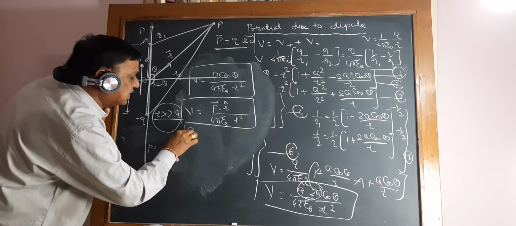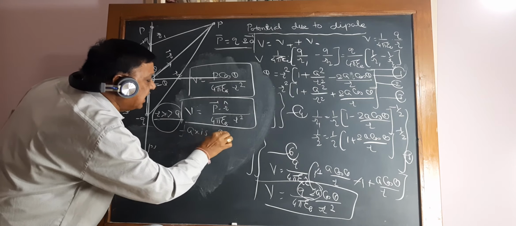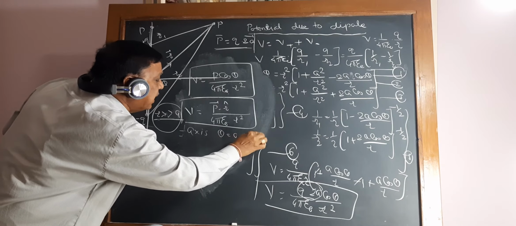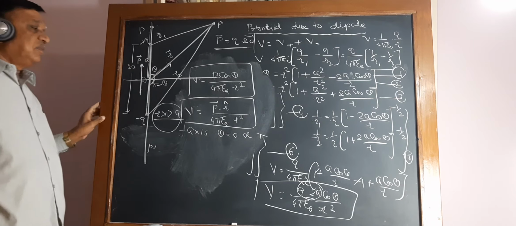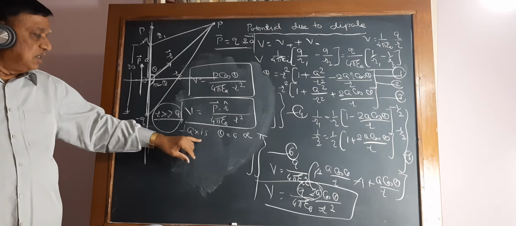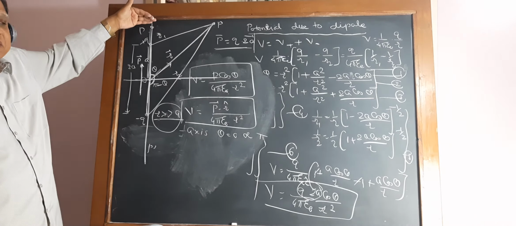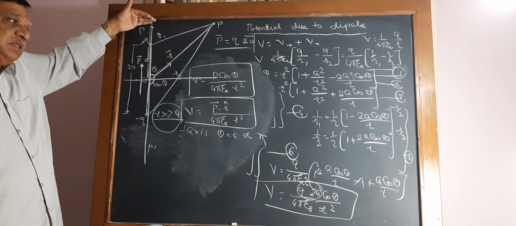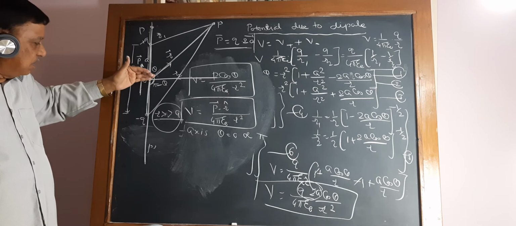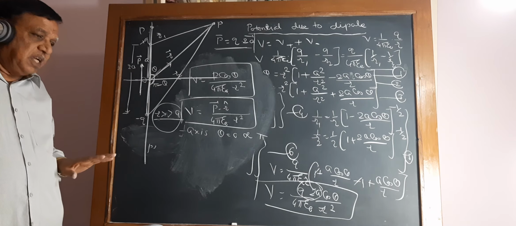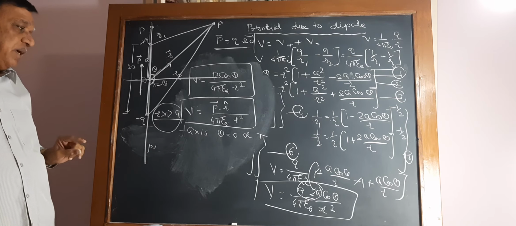Means for the axis, theta is 0 or pi. If on the positive side of the positive charge, then theta will be 0. On the negative side, theta is pi.